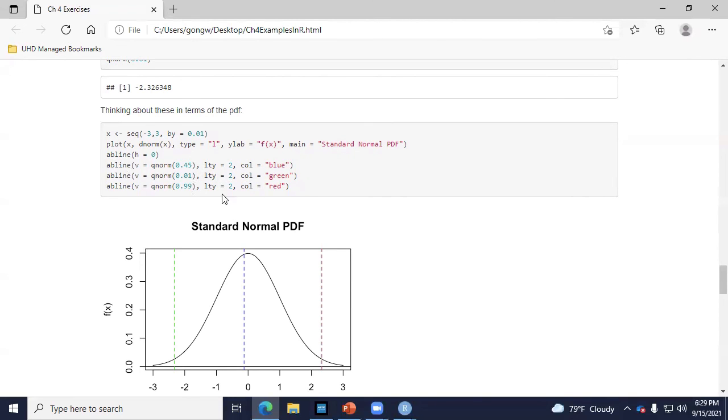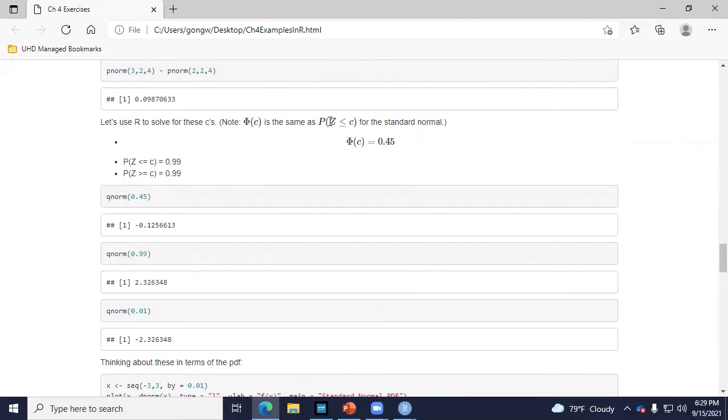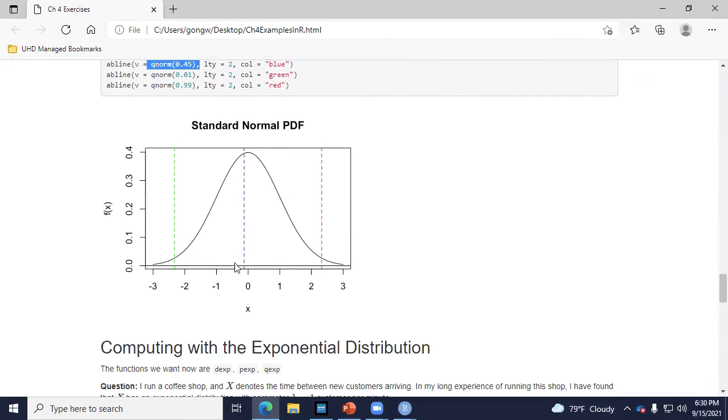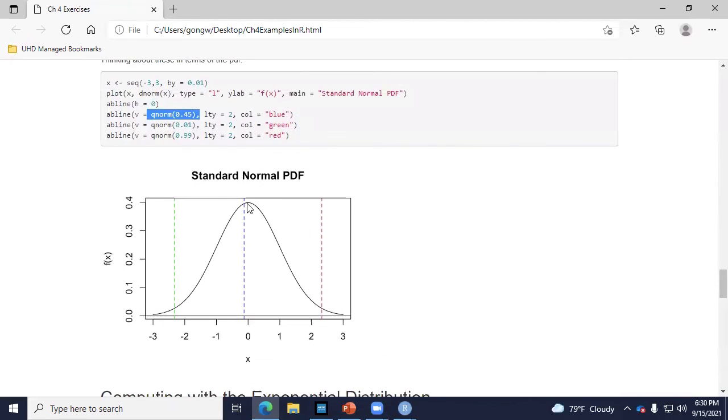If you look at qnorm(0.45), we know this 0.45 is P(Z ≤ C) equal to 0.45. This is the area under the bell curve to the left of C, and this is the corresponding C value.